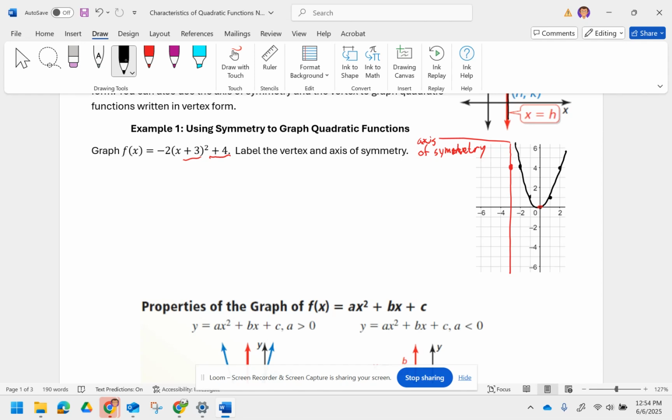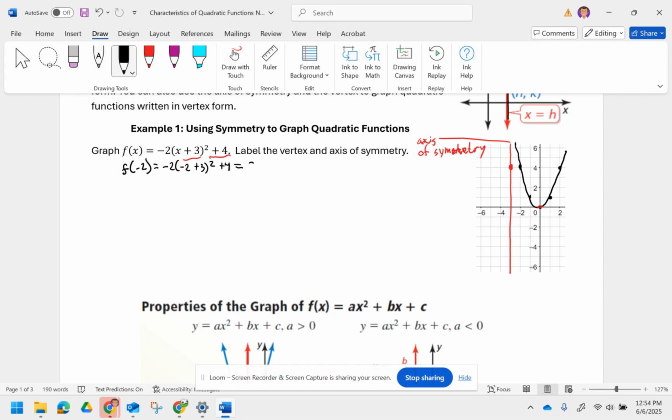So let's go ahead and evaluate for f of -2. So f of -2, we'd have -2 times -2 plus 3 squared plus 4. All right, -2 plus 3 is 1. 1 squared is 1. 1 times -2 is -2.